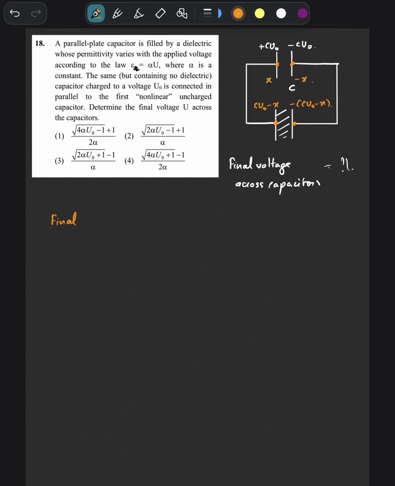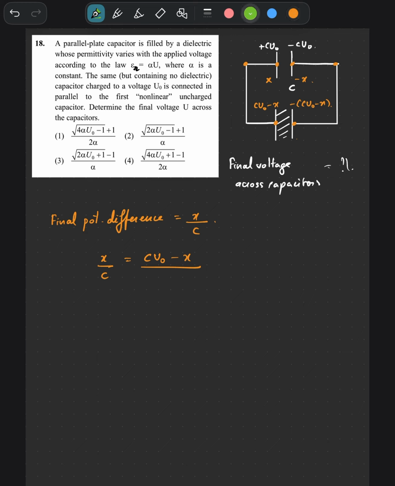The final potential difference, according to the way I have expressed this, will be equal to x by C. This x by C should also be equal to CU naught minus x, divided by the capacitance of the second capacitor. How can I write its capacitance? We'd generally write it as KC. But what's your K value?